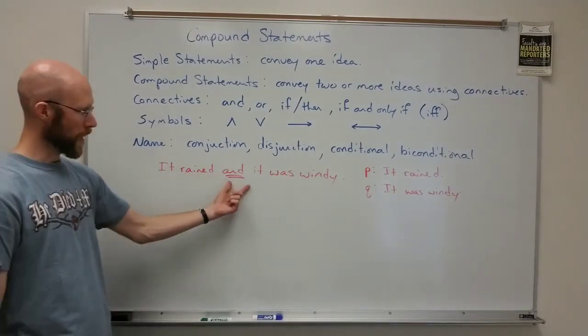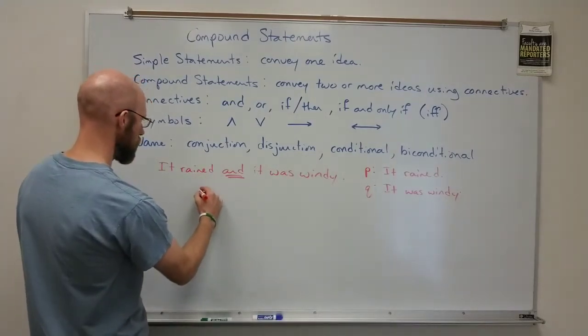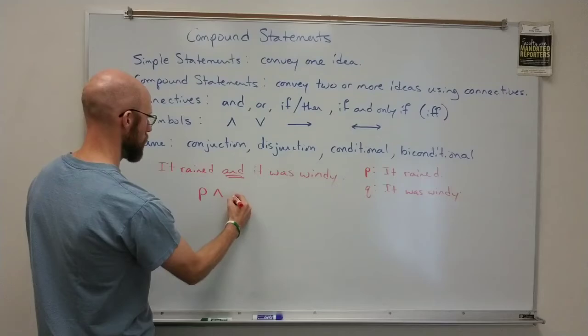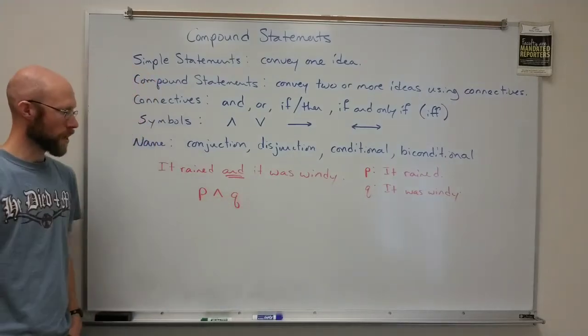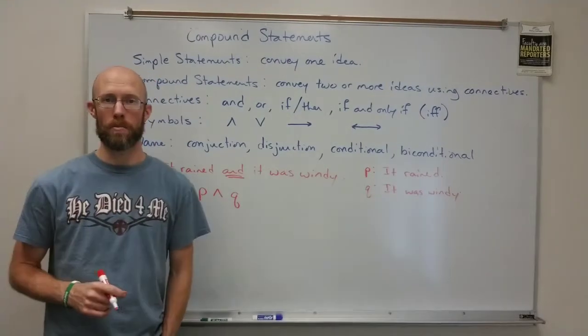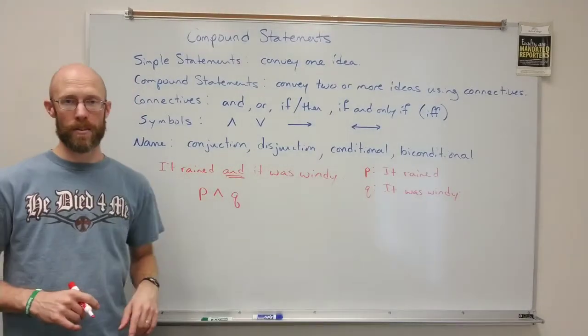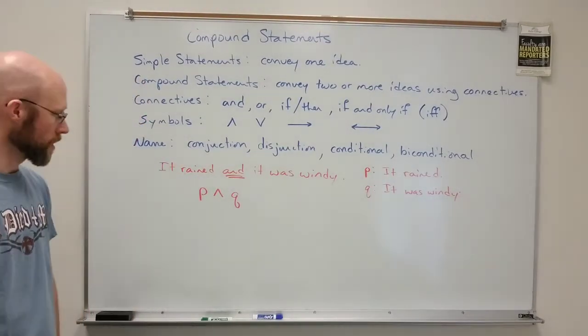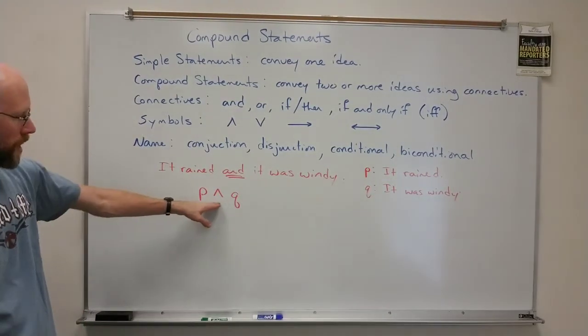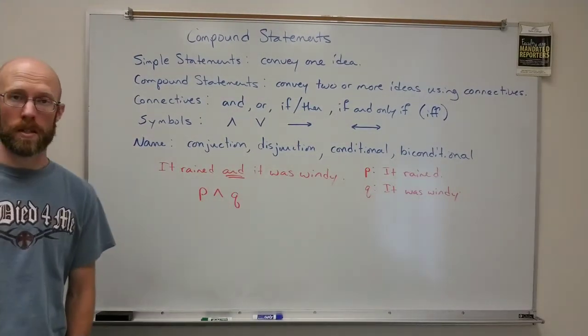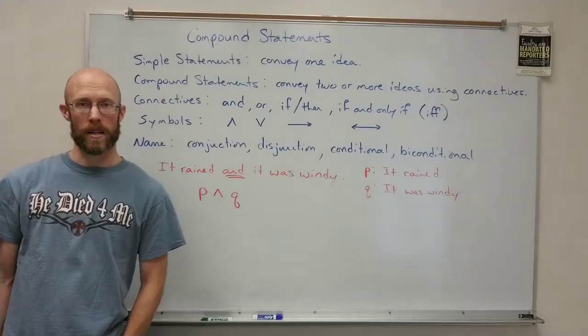And then when you combine them, we would say P and Q using that arrow or caret pointing upward. Again, it looks kind of like an A for and, without the line in there. So we'd say P and Q. This would be the symbolic way to represent that conjunction.